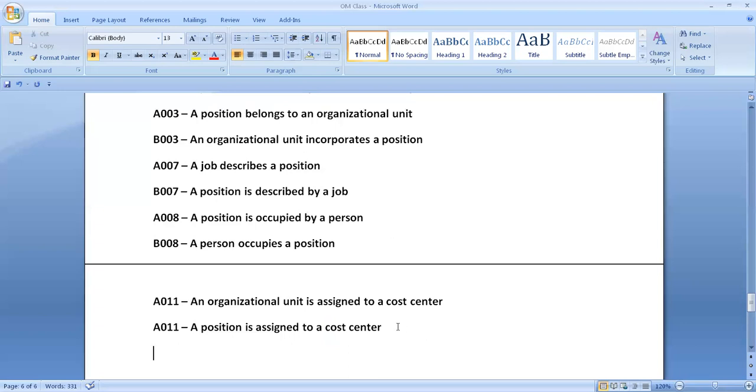So cost center is an object of the controlling team, and the controlling area is defined under the chart of accounts.